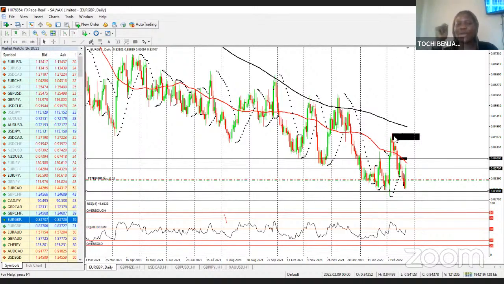That's why we say support and resistance are significant areas of reversals in the chart.